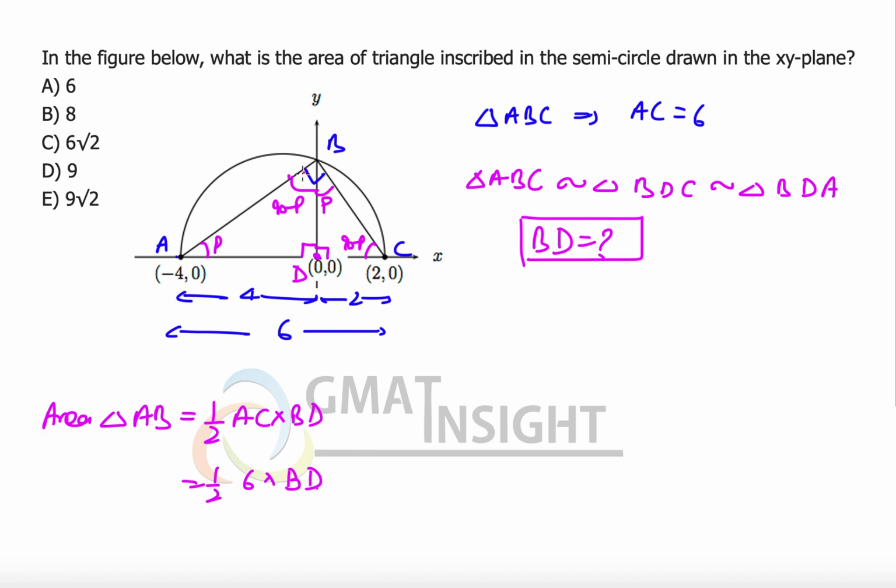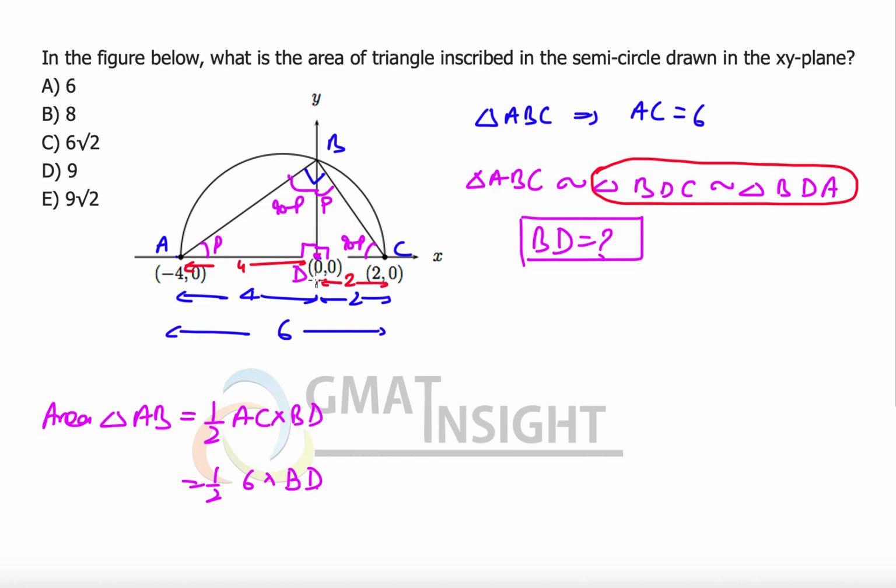So now we are going to use the similar triangle property. In this particular triangle, we know that this dimension is 2 units, because CD is equal to 2 units. And this particular triangle has this particular dimension equal to 4 units. So we are taking these two smaller triangles to take the ratio of the corresponding sides.